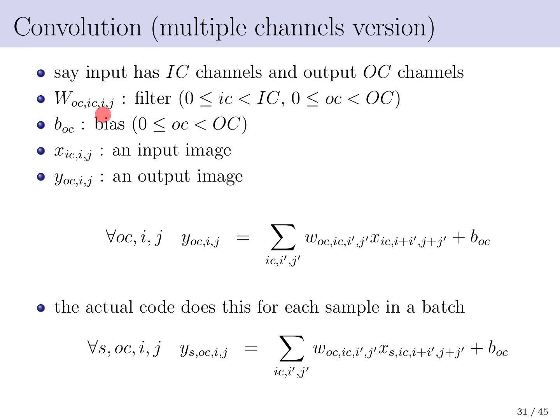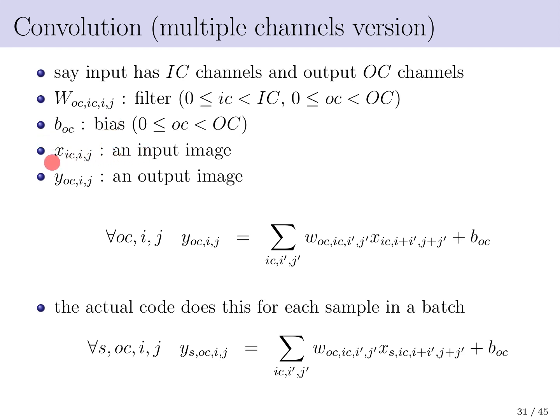So in that case, a filter is defined between each of the input channel and the output channel. So now the filter is a 4-dimensional array. Bias is defined on each output channel. So the bias is now a 1-dimensional array.